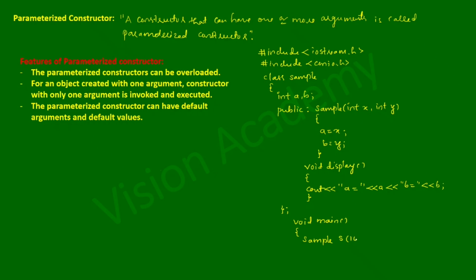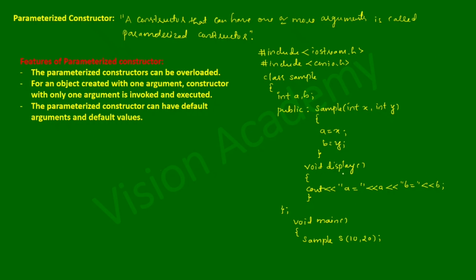Here, for example, I'm going to write 10 and 20 and put semicolon. So 10 is stored in x and 20 is stored in y. In turn, x is initializing the value to a and y is in turn initializing value to b. So that will be displayed in display function.